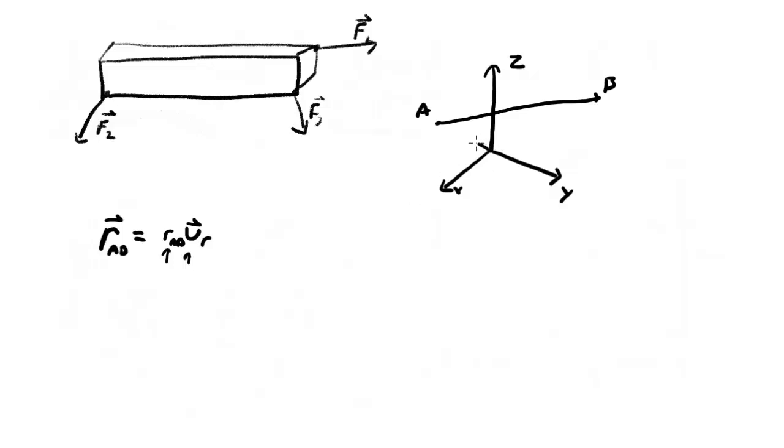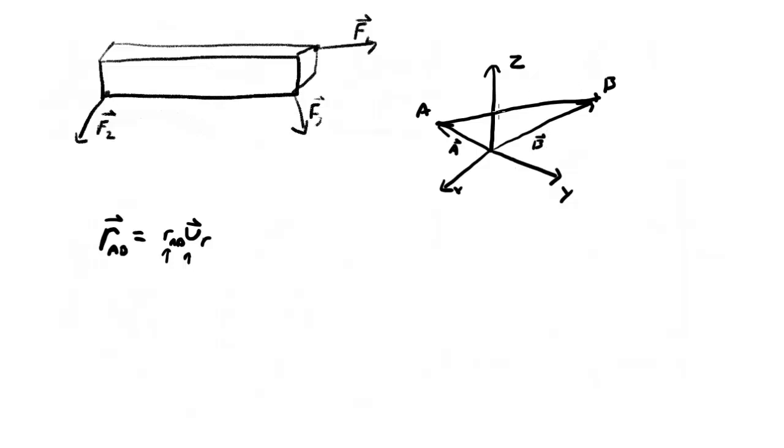So the vector that goes from the origin to point A, we'll call vector A. The vector that goes from the origin to point B, we'll call vector B.